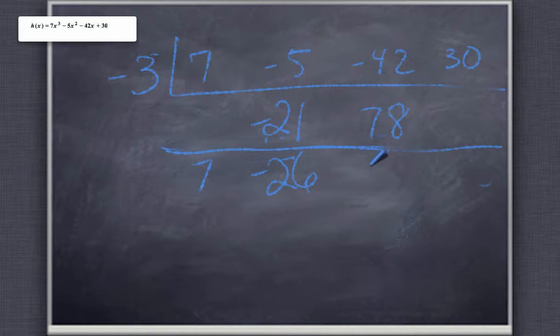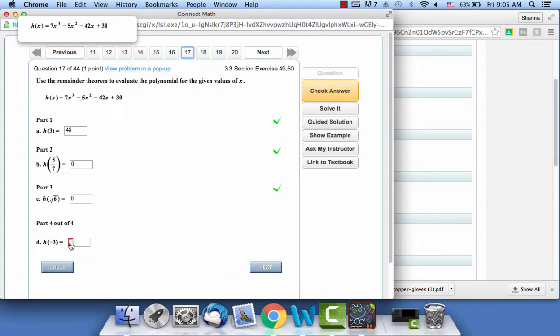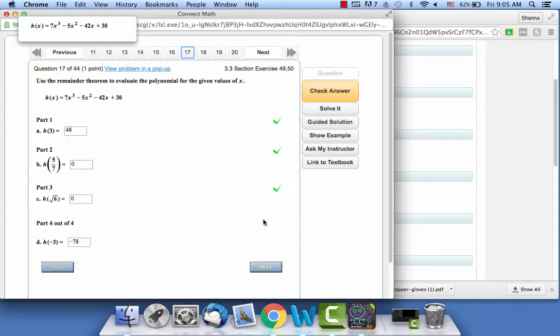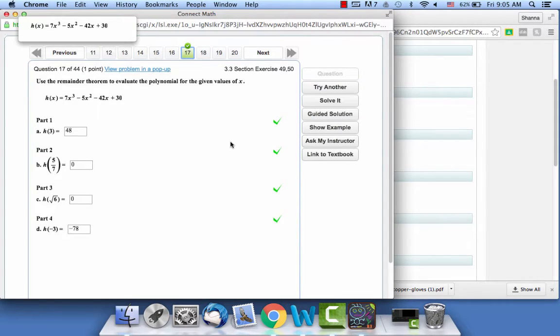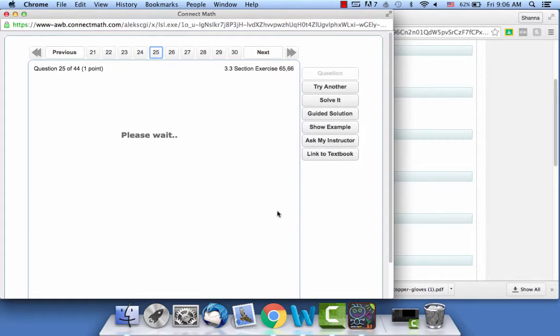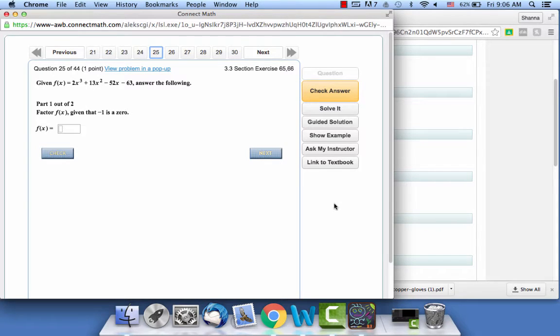Add those. Times negative 3 is negative 108. I'm just skipping 8 every time.